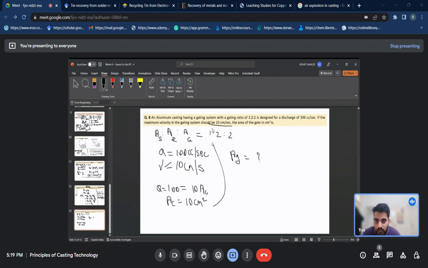Then from this gating ratio we need to find the area of the gate, which will be equal to twice 10, so we will get 20 centimeters square. This will be your answer.